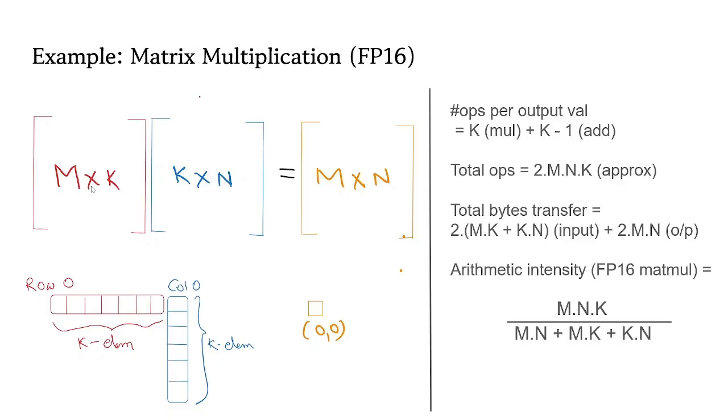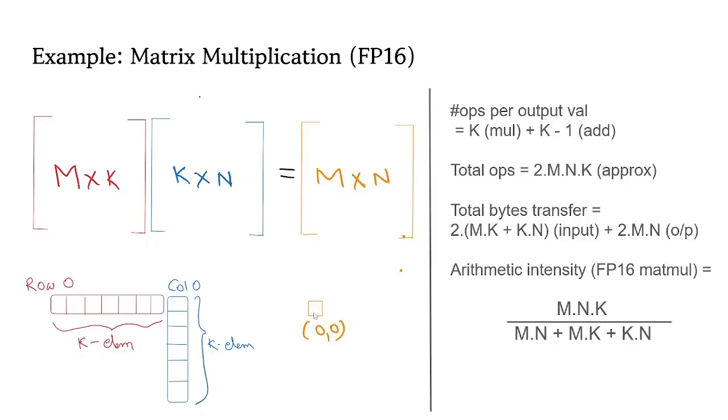Let's say we are multiplying 2 matrices in FP16 format. Their shapes are m by k and k by n, resulting in an output matrix of shape m by n. And we can think of matrix multiplication as a collection of vector dot products. To get the 0, 0 coordinate of the output, you can think that it's a dot product between the 0th row of my first matrix and the 0th column of the second matrix.